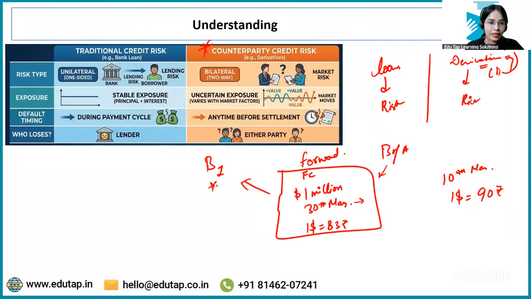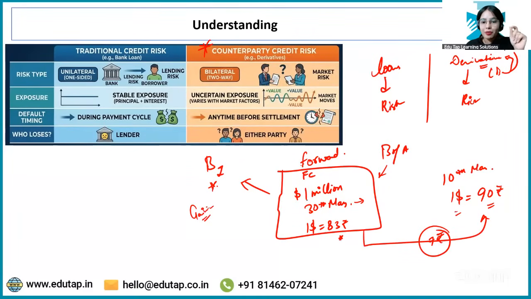The Bank of India is on the gaining side, because it knows the dollar prices are increasing, but it only has to pay 83 rupees even though $1 is equal to 90 rupees. That means we are saving 7 rupees per dollar. On $1 million, we will be saving 7 million rupees. So as per the contract, the Bank of India is on the gaining side.